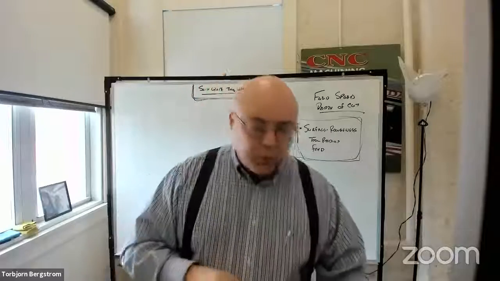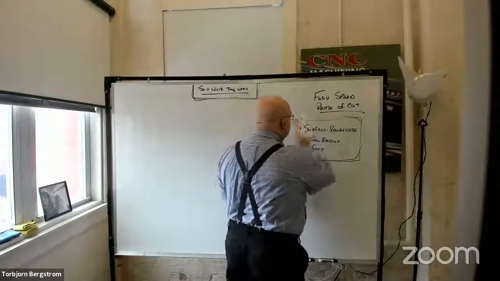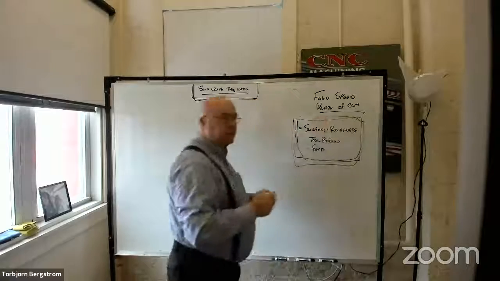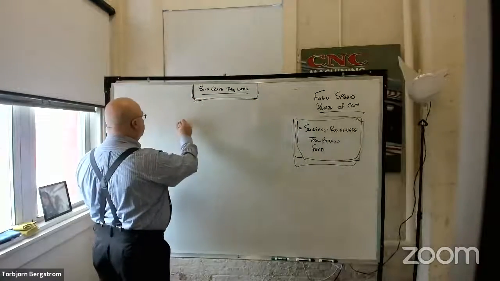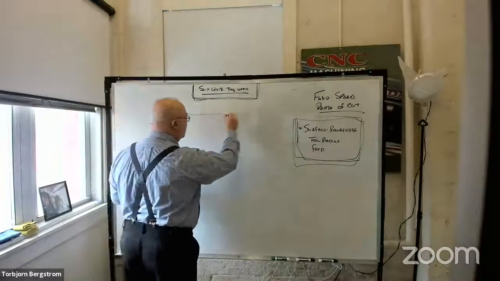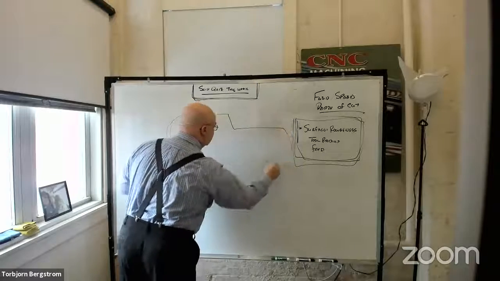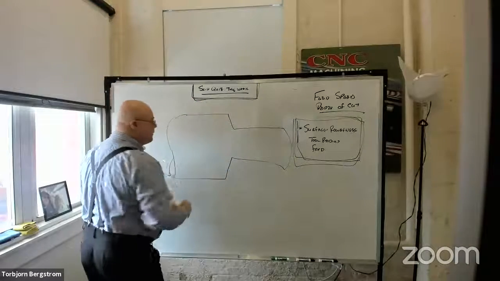And so with turning, we can predict surface roughness. Then we can also predict something about the geometry, right?